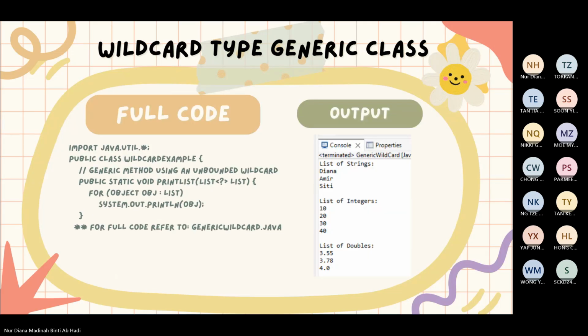Okay, so next, wildcard. When we talk about wildcard, you would display different things based on what you have declared. This code is not the full code. Why? It is a long way for you to type the code later. So I will show you the wildcard generic code.